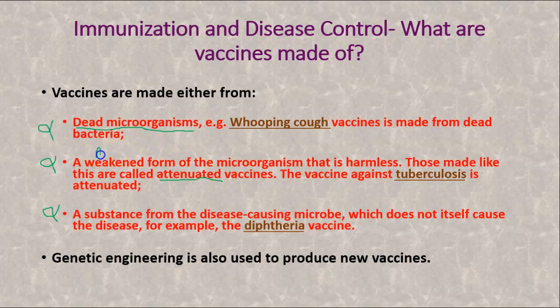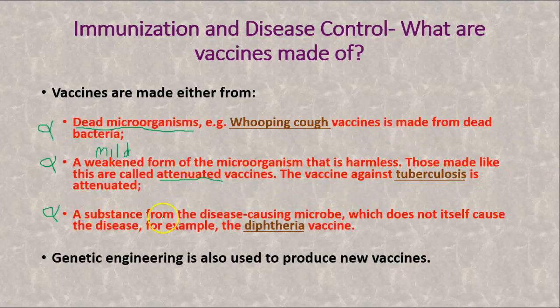Weakened also means mild. So a weakened or mild form of the microbe can be used to make the vaccine, and in that case it is called an attenuated vaccine. The tuberculosis vaccine is an attenuated one.